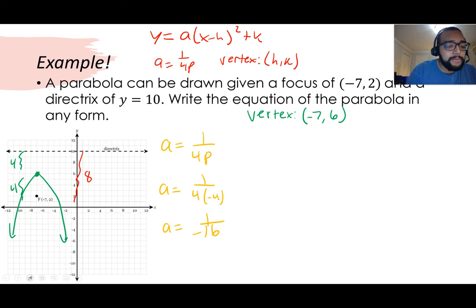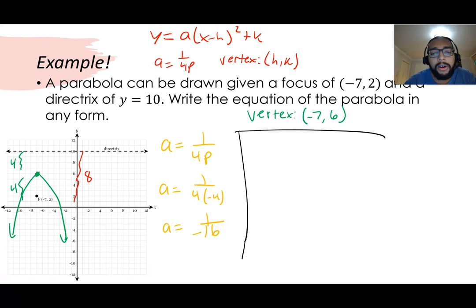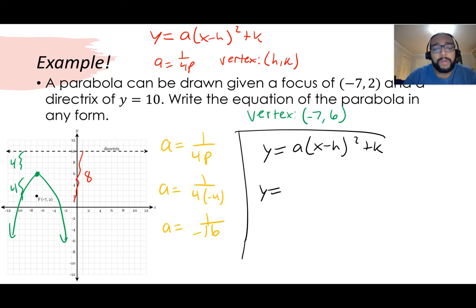So we got all this information. Let's actually put it together and get our vertex form. Perfect. So we saw our a value was 1/4p, and that was going to be -1/16. And we know our vertex is h comma k, so it's always x minus the h value, and then plus our k value.